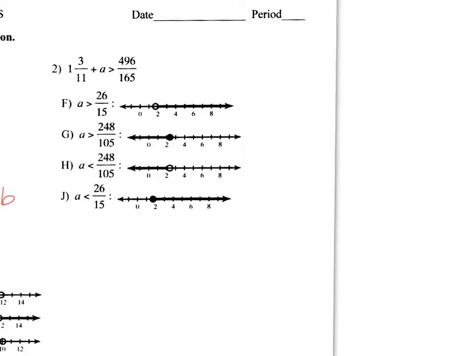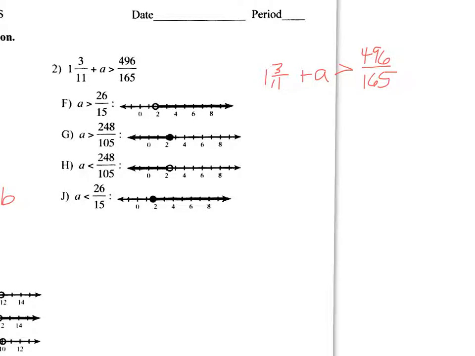Okay, problem number 2. Here we have fractions. No big deal though, we're going to use the calculator. Again, I'm going to write it over here on the side. So I have 1 3/11 plus a is greater than 496 over 165.